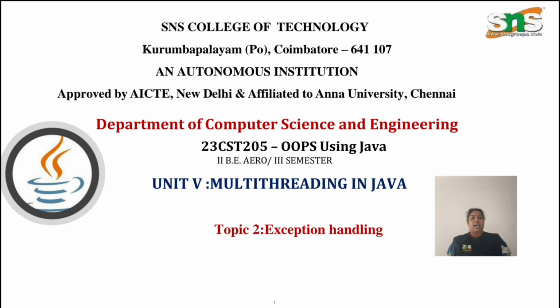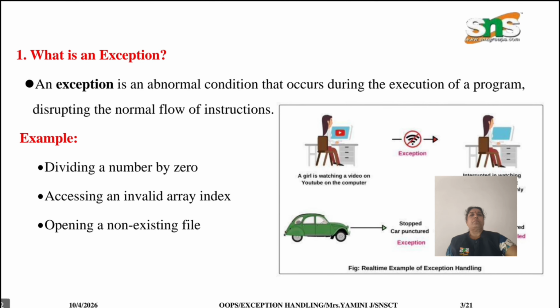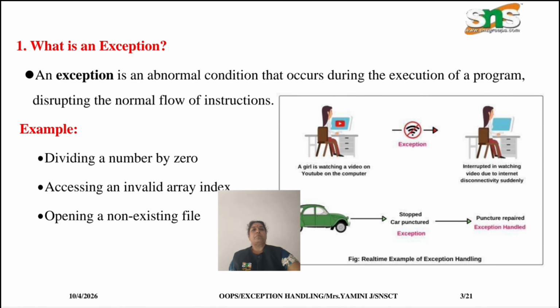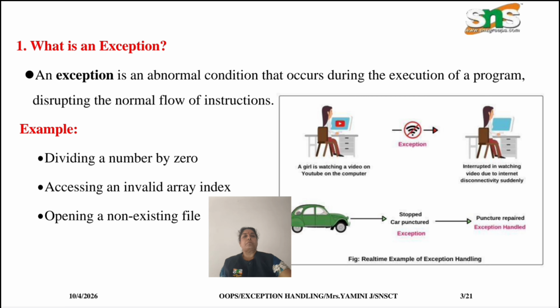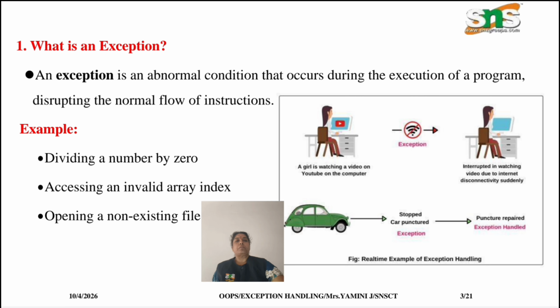So let us begin. Next one, what is an exception? An exception is an abnormal condition that occurs during the execution of a program and disrupts the normal flow of instructions. In simple terms, exceptions are errors that happen while a program is running.